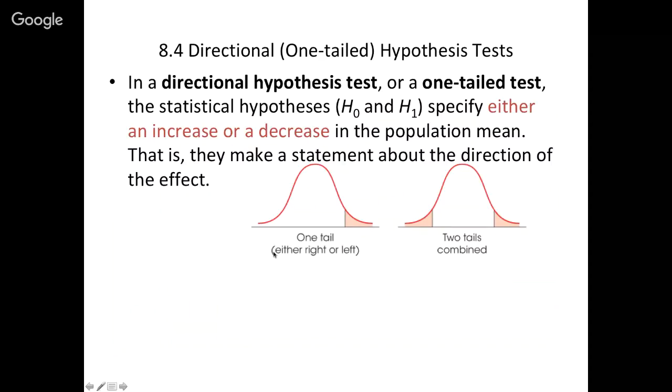For example, we say the treatment will significantly increase the population mean, or we have a hypothesis that the treatment will significantly decrease the population mean. Compared to the two-tailed hypothesis test that we just introduced, we said the population mean after treatment will be significantly different from the population before treatment. So the keyword here is increase or decrease for the one-tailed test. Different is for the two-tailed test.